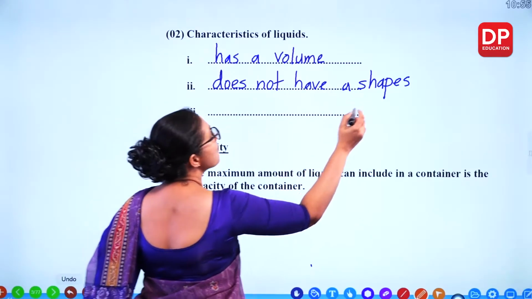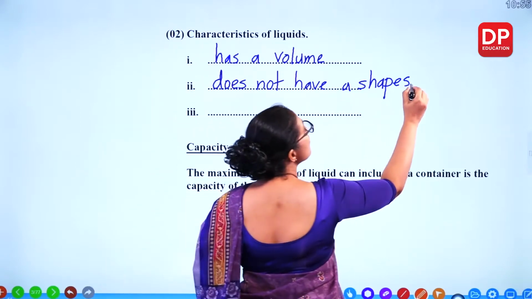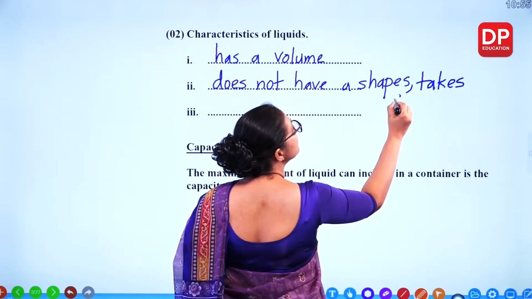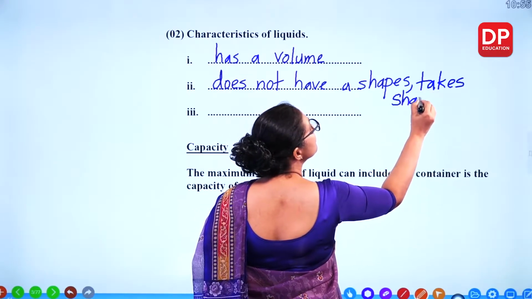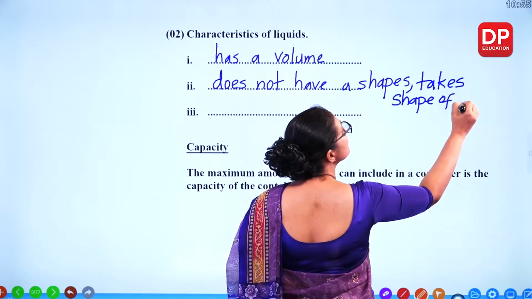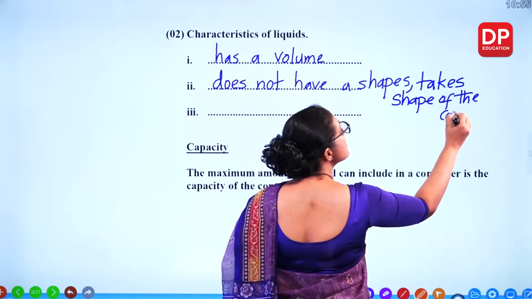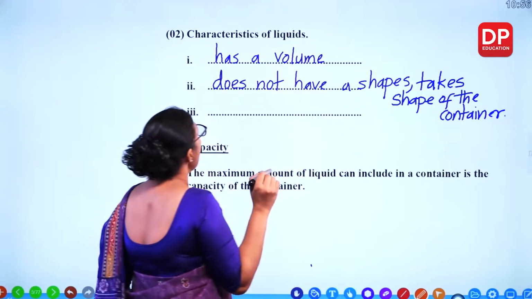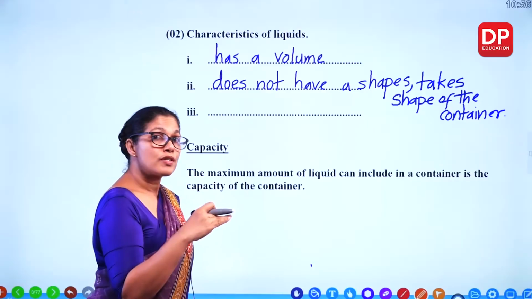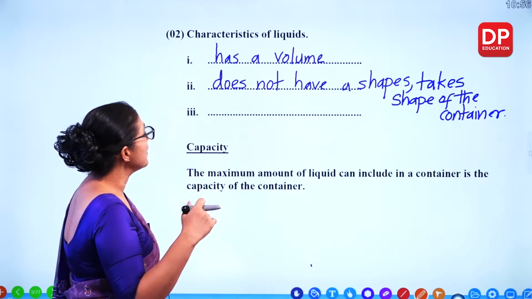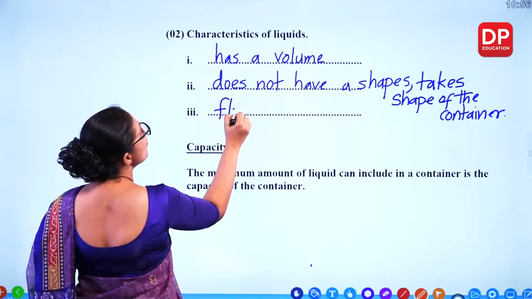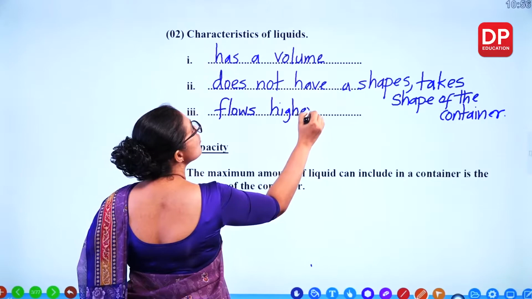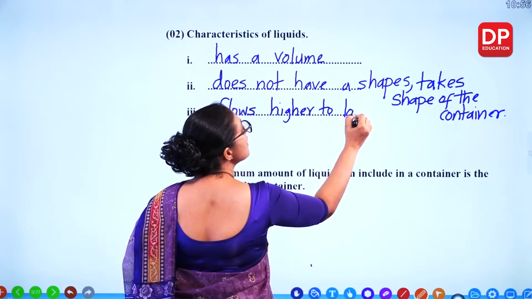You can write, takes the shape of the container. And it always flows from a higher to a lower level.